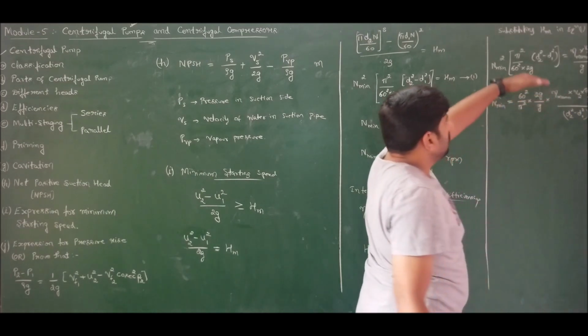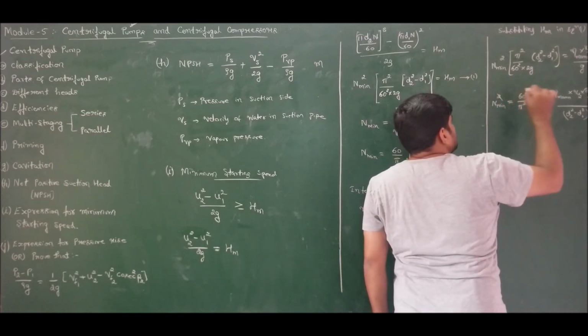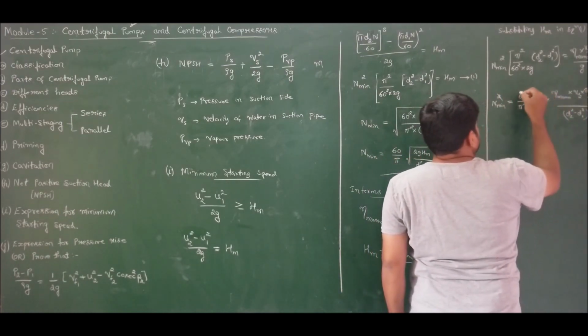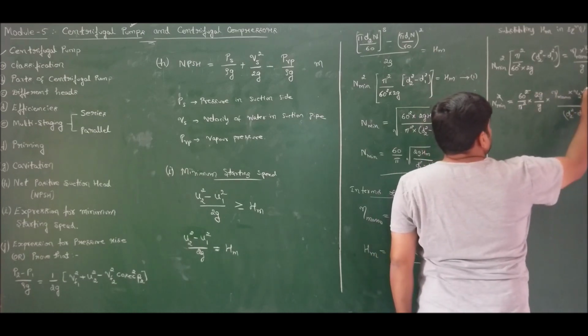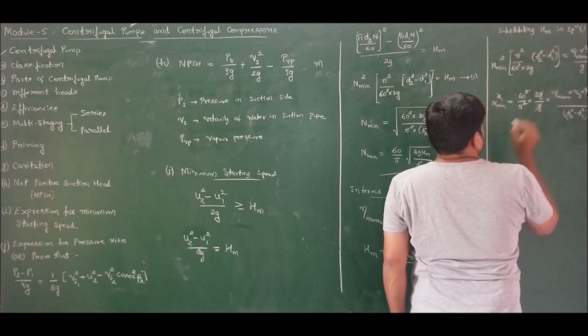I substitute for u2 as pi d2 N by 60. So therefore N square and N will get cancelled. This 60 and 60 square will get cancelled. This pi and this pi square will get cancelled. This g and g will get cancelled.